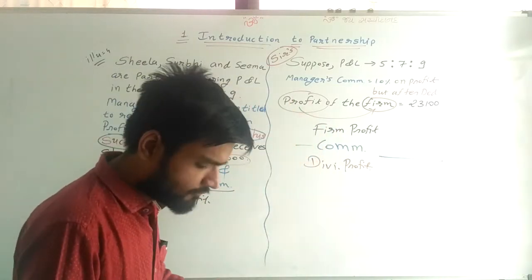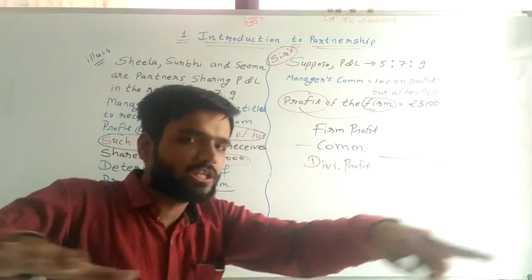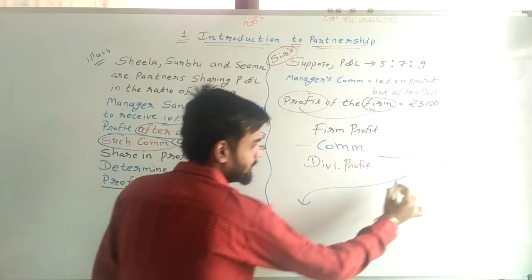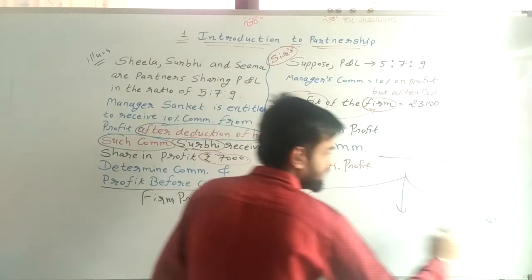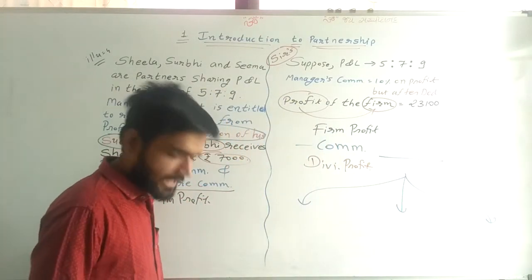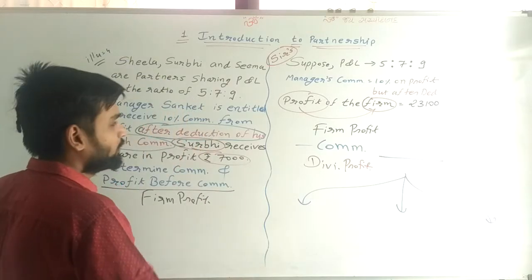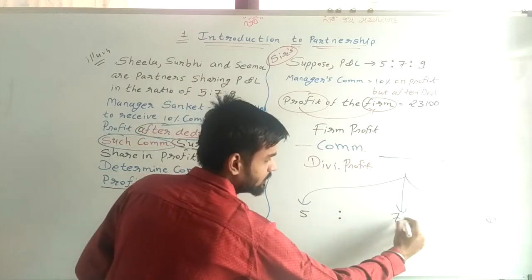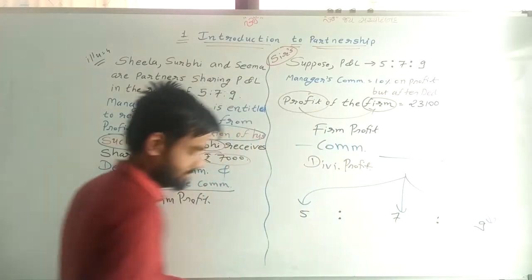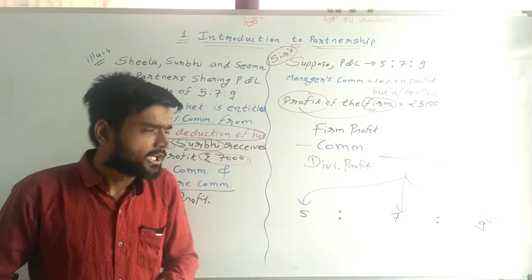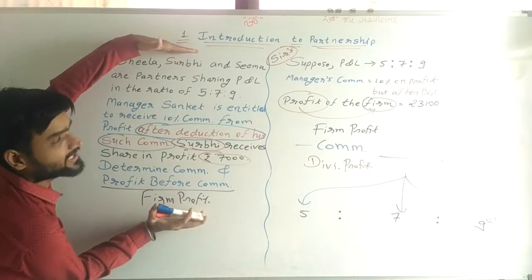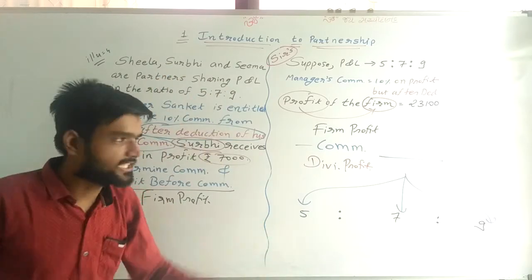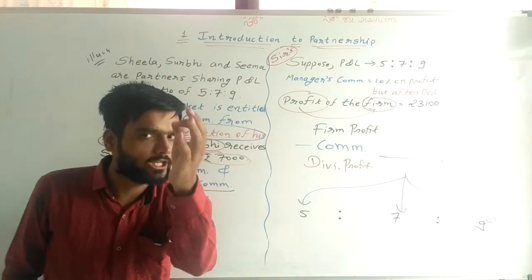And this divisible profit I am distributing among the partners in the ratio 5:7:9. After understanding this question, we can make this format, and this format is Kamal sir's only.